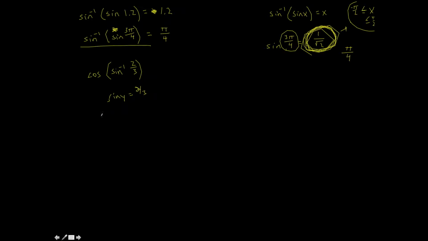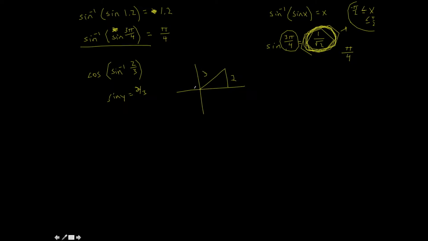So what we need to do is draw a reference triangle. Okay, so our C here is going to be 3. And since this is sine, our north and south value here is going to be 2 for the 2/3.